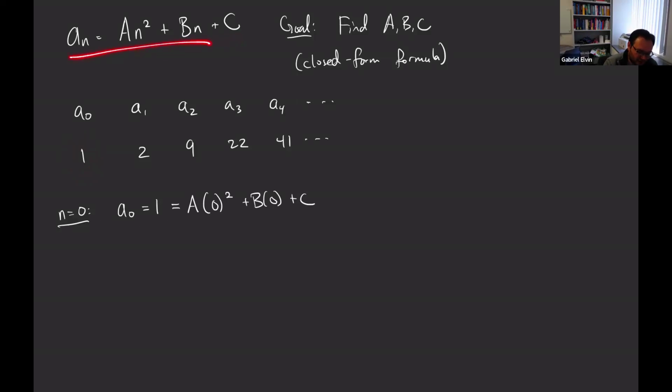If I plug in 0 here, I get this, and I also know that the a sub 0 term is 1, so these are equal. If I simplify this, it's just 1 equals C. All right, cool, so I already found 1 out of the 3 coefficients. All right, let's do the next one.